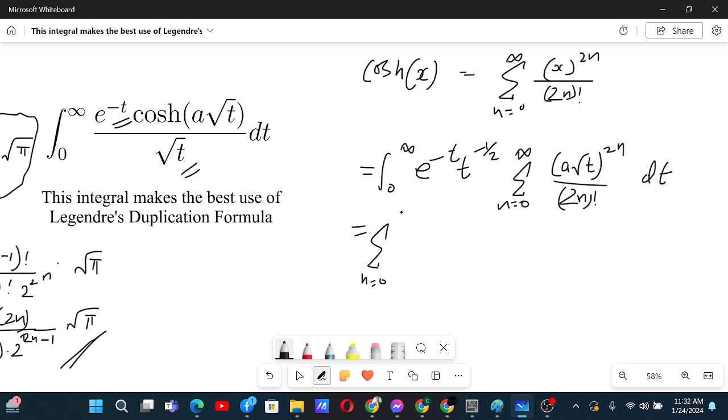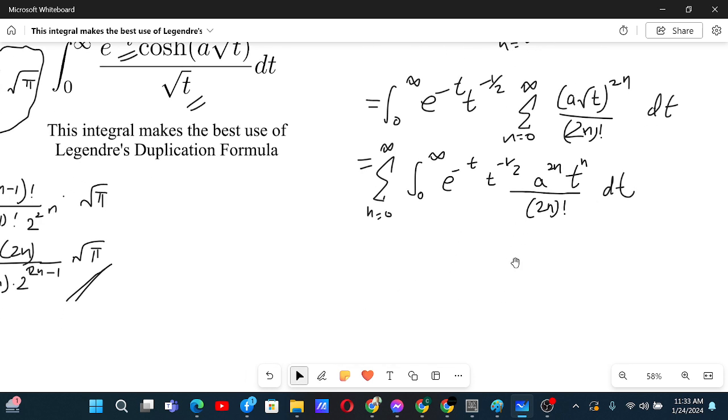Sum from n equals 0 to infinity, integral from 0 to infinity of e to the power minus t, t to the power minus 1 by 2, a to the power 2n, t to the power n by (2n)! dt. Now we can take the constants out of the integral and then take the integration.